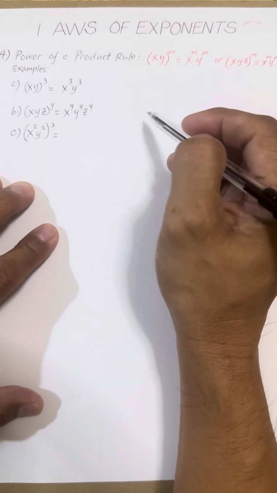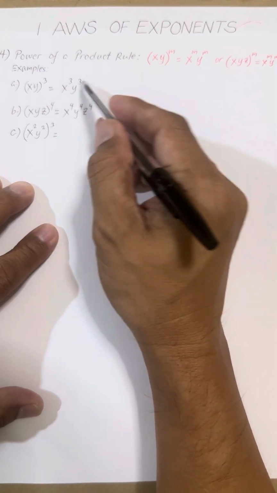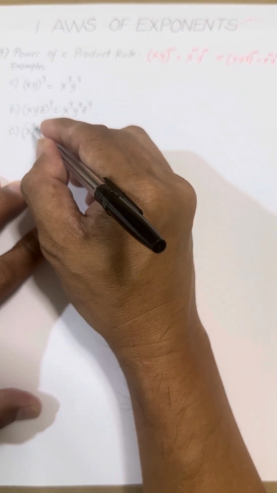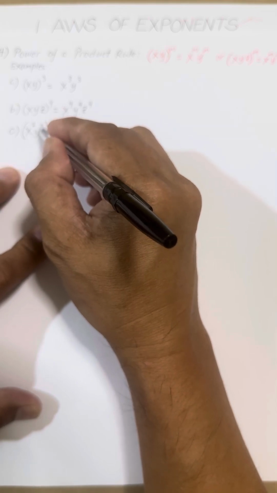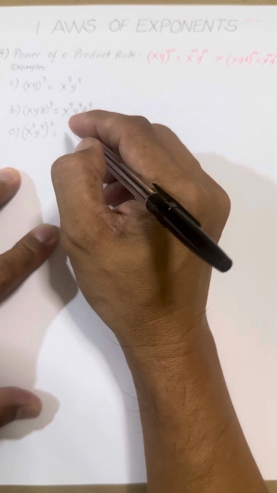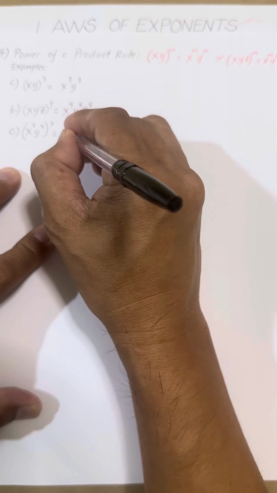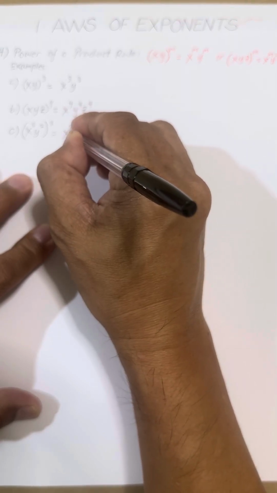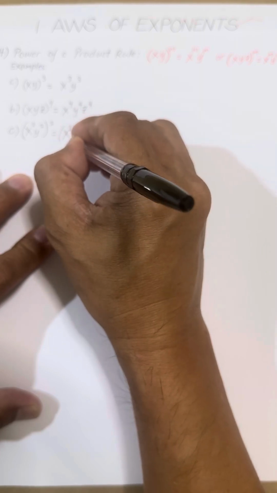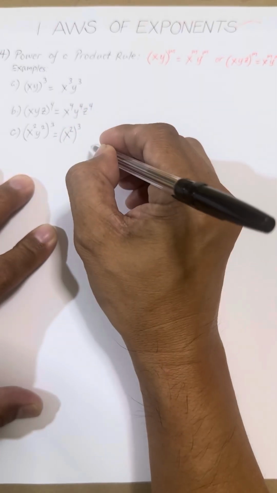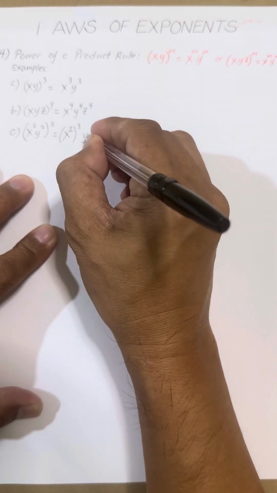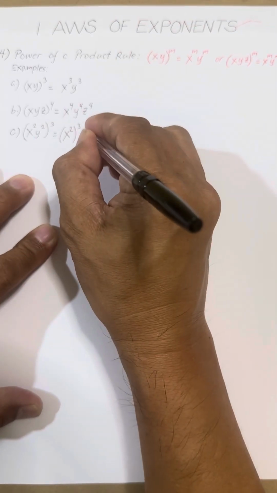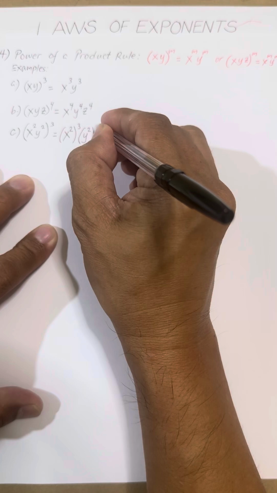We just distribute the power, but take note that they have already an individual power. So x squared, there's already a power for x, and then raised to another power which is equal to 3. Then similarly we have y raised to power 2, and then raised again to another power which is equal to 3.